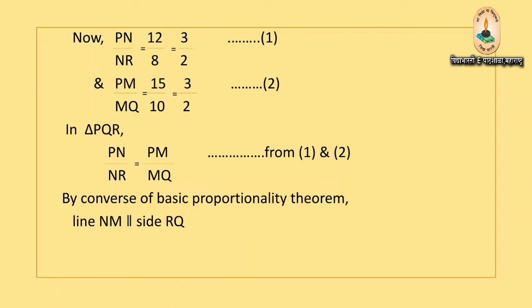Number this as 2. Now from 1 and 2 we write in triangle PQR, PN upon NR is equal to PM upon MQ, and hence by converse of basic proportionality theorem, line NM is parallel to side RQ.